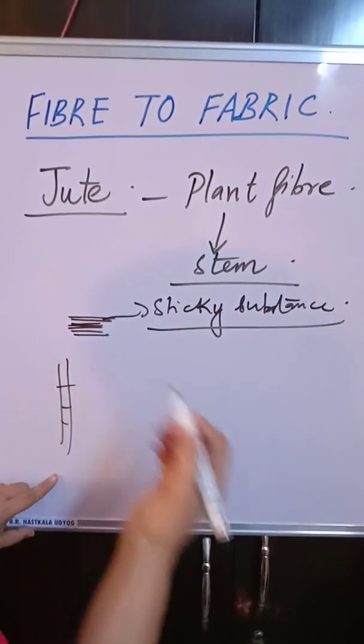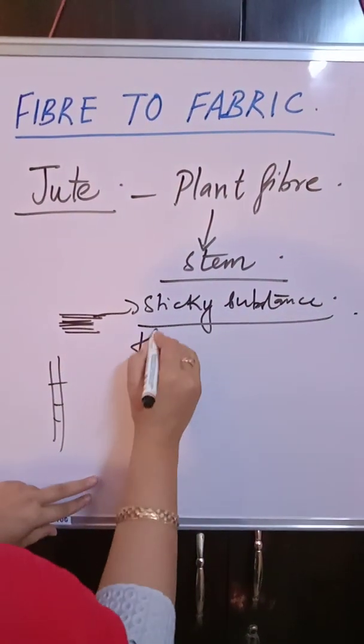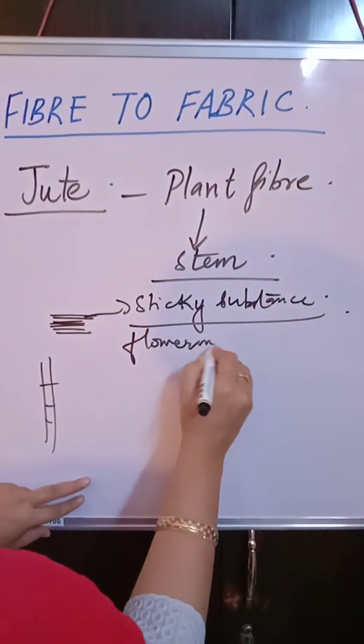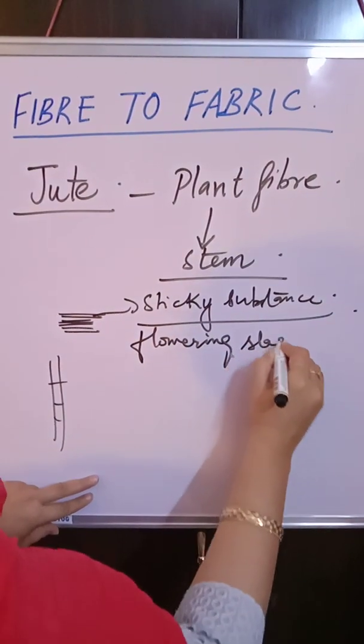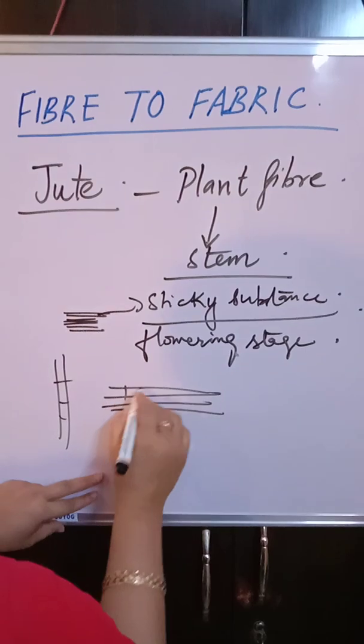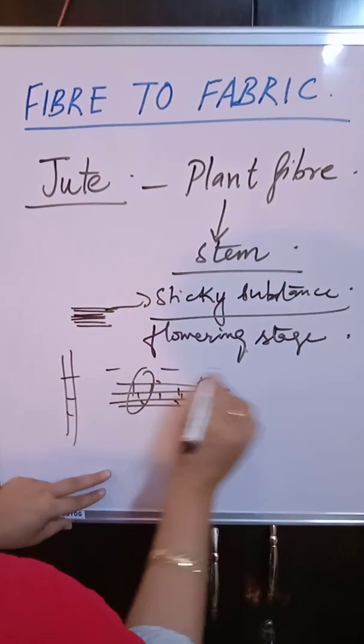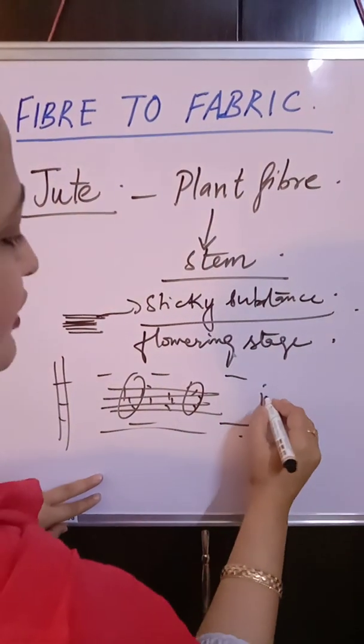So this is the stem of the jute. It is harvested when it reaches its flowering stage, and bundles are tied. These are the stems of the jute. Bundles are tied and they are immersed in what? Water.